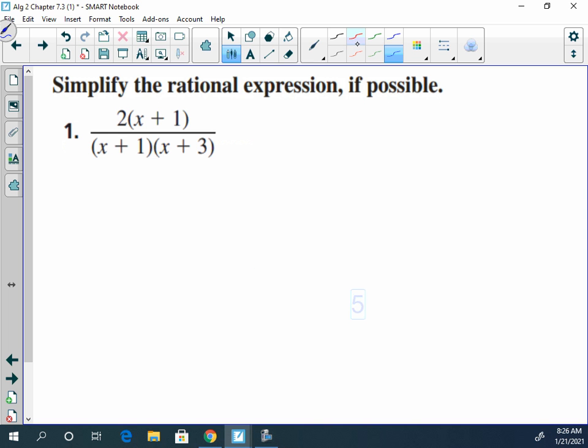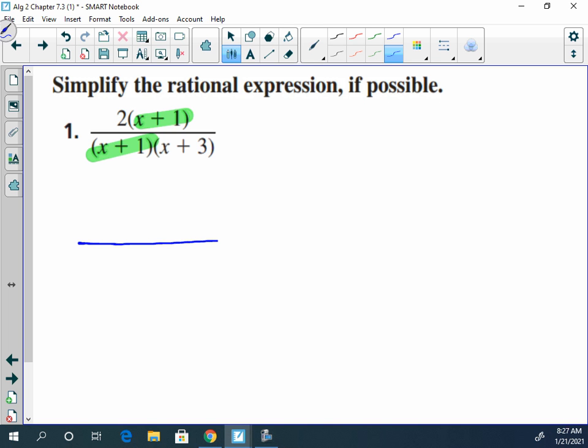Okay, let's look at this one here. Is there anything we can simplify in this one? Yes. This x plus 1 and this x plus 1 are in common. They share a similarity, yes? So we can simplify those out.